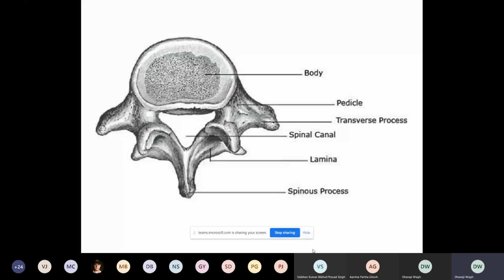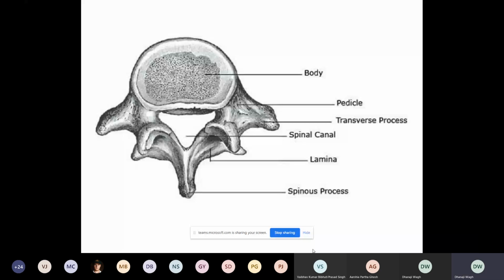So see this diagram once again. The common features you can see: the body, pedicles, and the thick short transverse process, lamina, spinal canal, that is the vertebral foramen, and the spinous process.